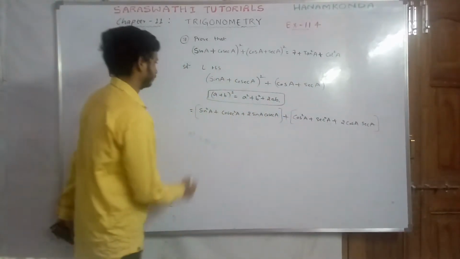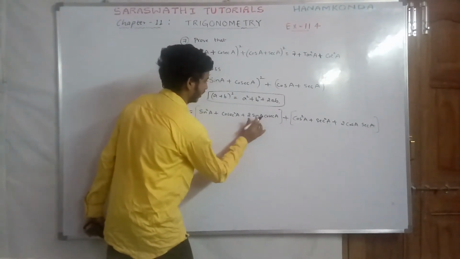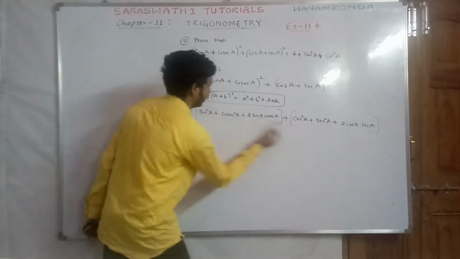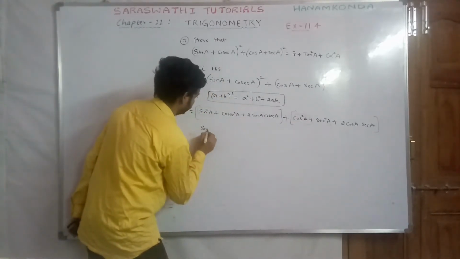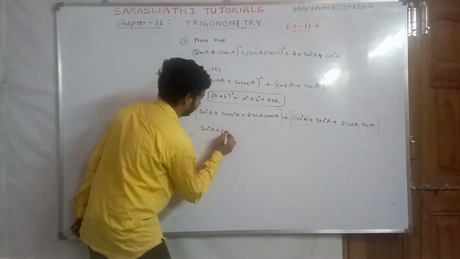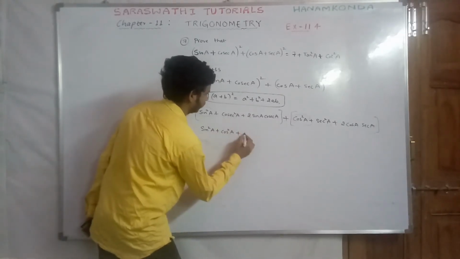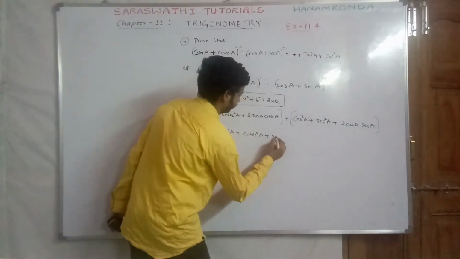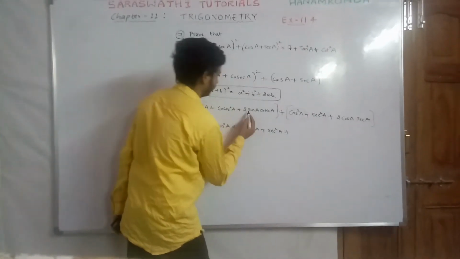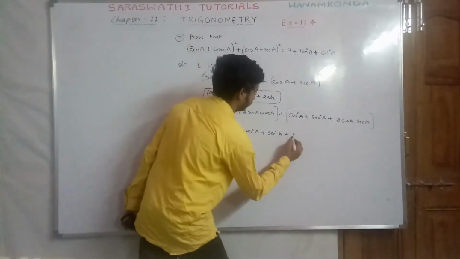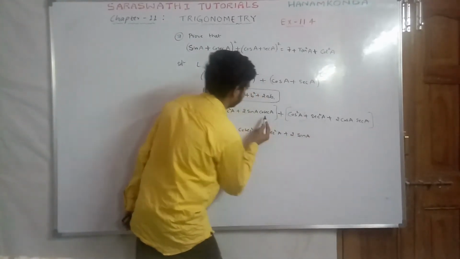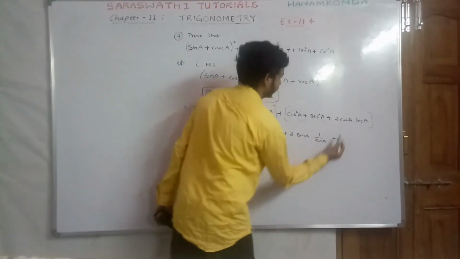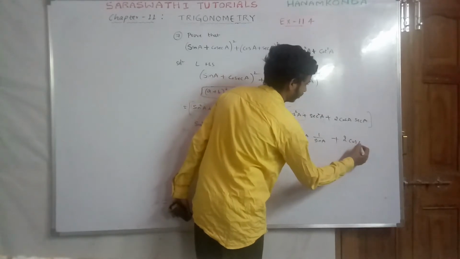Okay, so now cosec a and sin a get cancelled, that means cosec a can be written as 1 by sin a. So write these terms side by side: sin² a + cos² a + cosec² a + sec² a + 2 sin a cosec a, that means 2 sin a into 1 by sin a, plus 2 cos a into sec a.